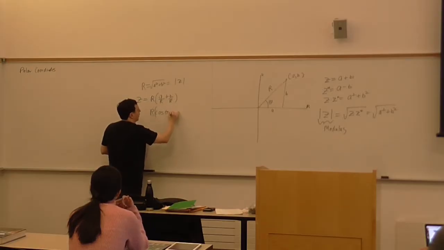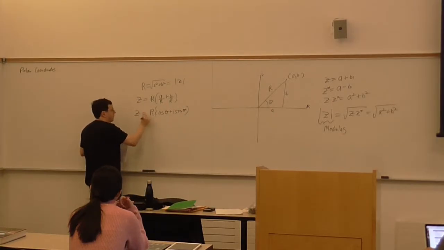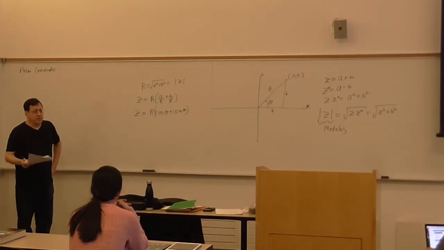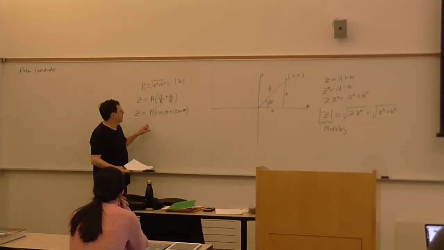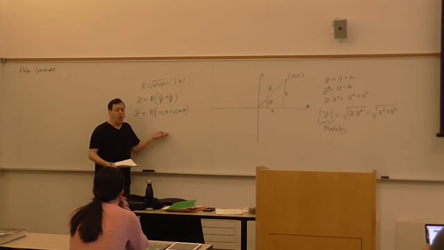And b over r is the sine of theta. That is to say, I can rewrite my a plus bi complex number in terms of r and theta. r times the cosine of theta plus i sine of theta. This is the polar version of a complex number, the polar form.